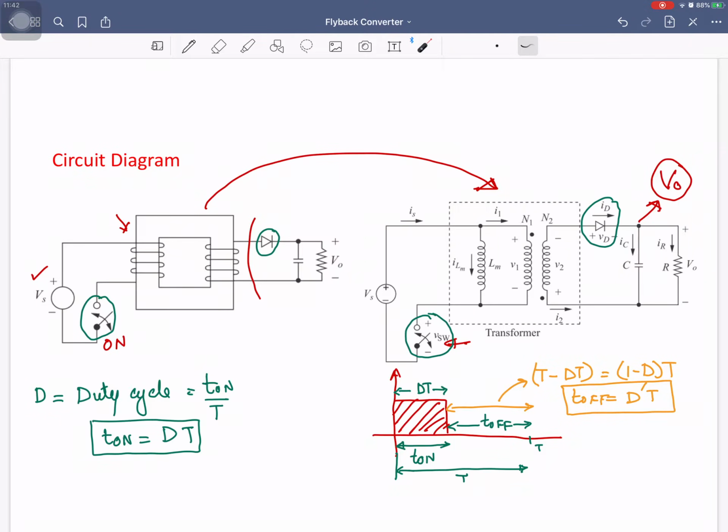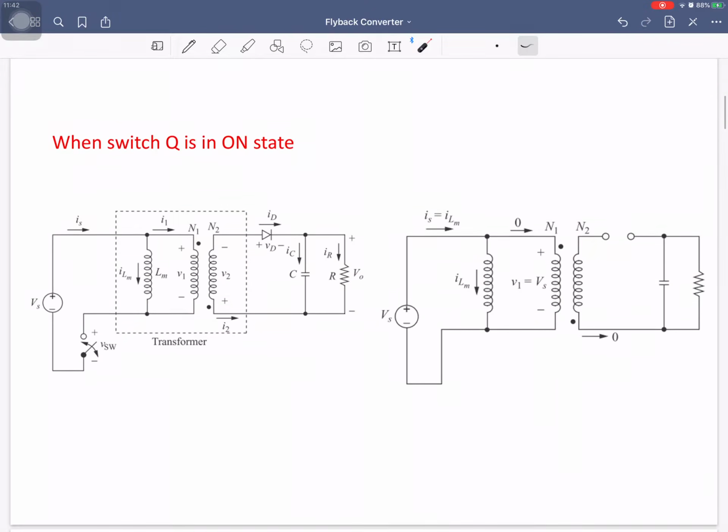Okay, so we will analyze this circuit in two states, when your switch is on and when your switch is off. So when your switch is in the on state, now let's look at this circuit and discuss the path of the current and different voltages that will appear in this circuit.